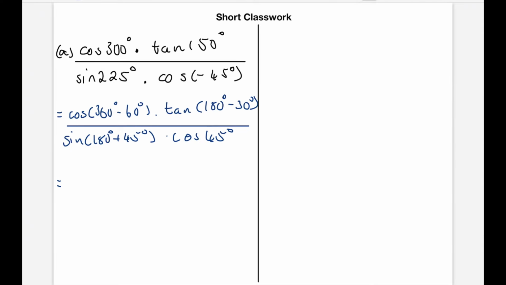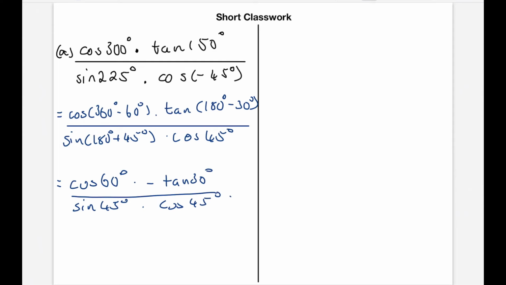Now, the cos of 360 minus 60. 360 minus something is where cos is positive. So this is the cos of 60 degrees. And tan of 180 minus is where sine is positive. So this is negative tan of 30 degrees. And in my denominator here, I have sine of 45 degrees times the cos of 45 degrees.